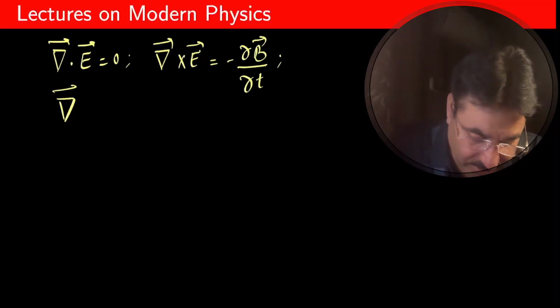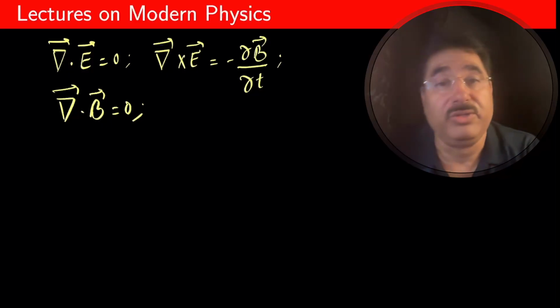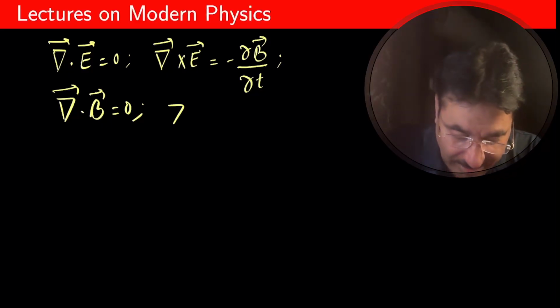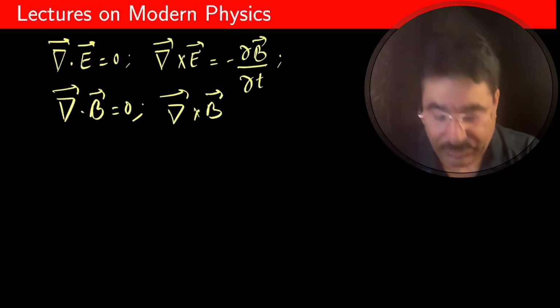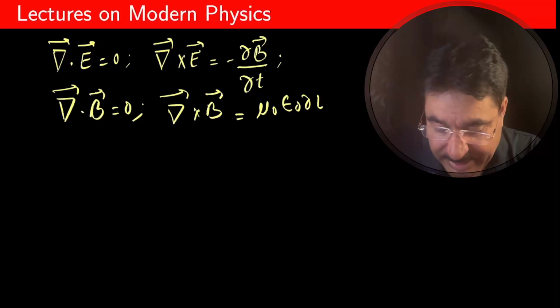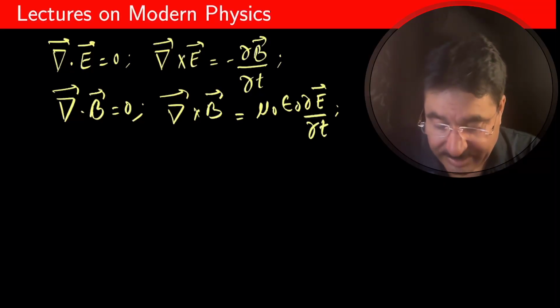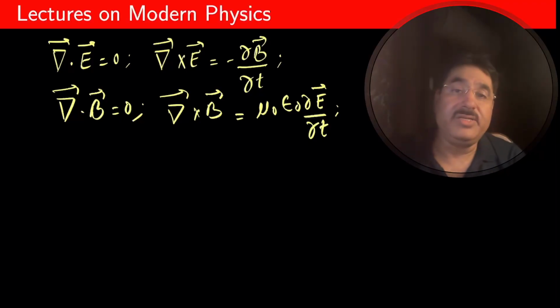Then the divergence of the magnetic field will be 0. That is anyway 0, because there are no magnetic monopoles. And then for del cross B, since there are no currents, the first term is 0. So the second term will remain, which is the displacement current term. So these will be our set of equations in vacuum.